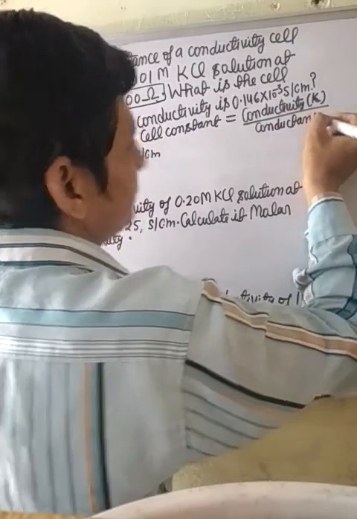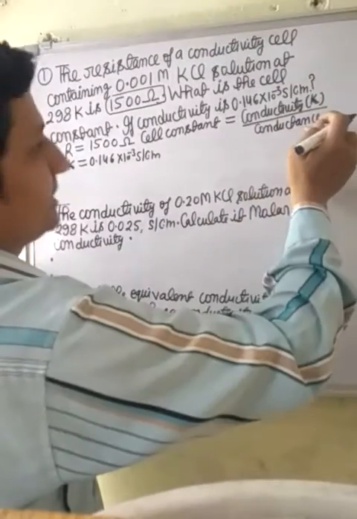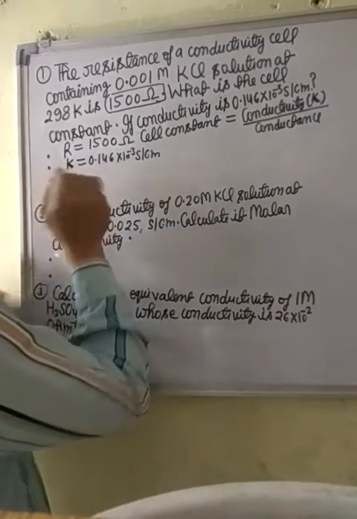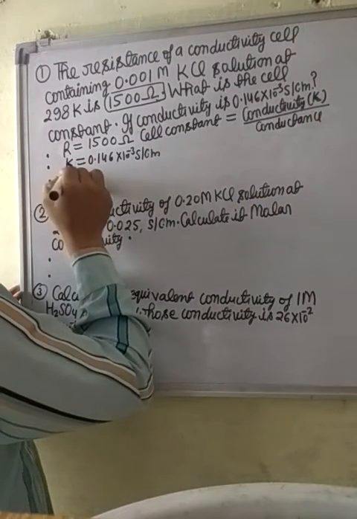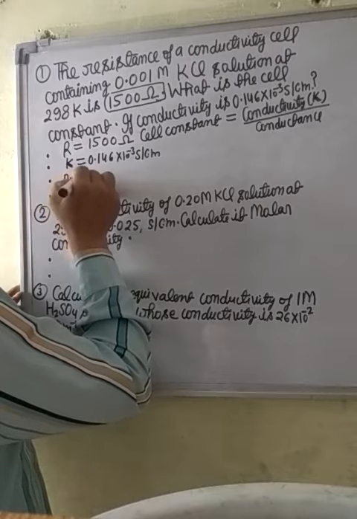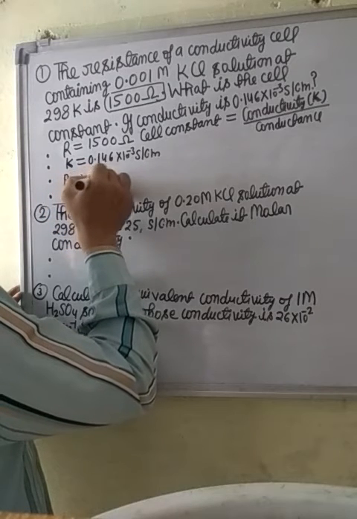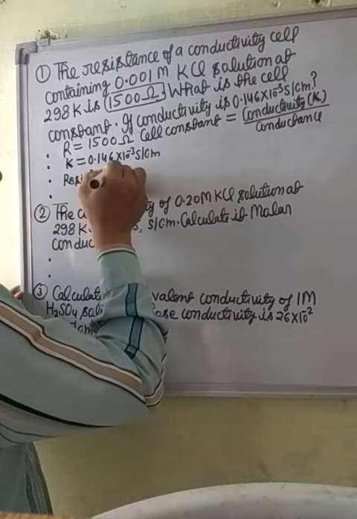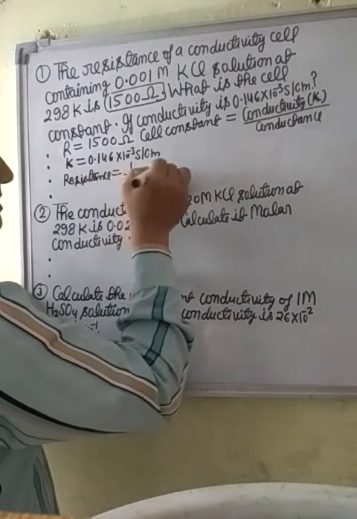And student, you know very well 1 upon conductance is equal to resistance. So you have to learn this formula also. Resistance is equal to 1 upon conductance.